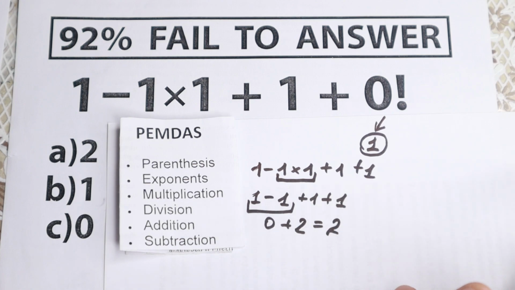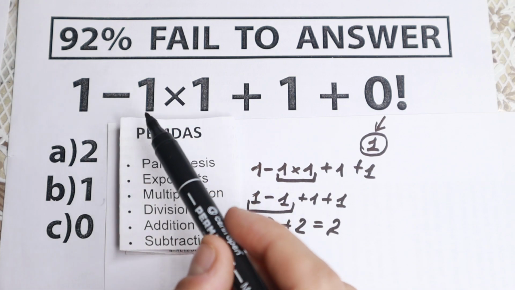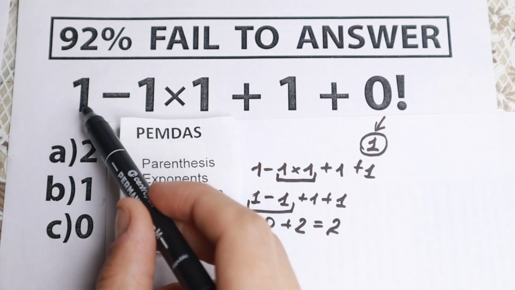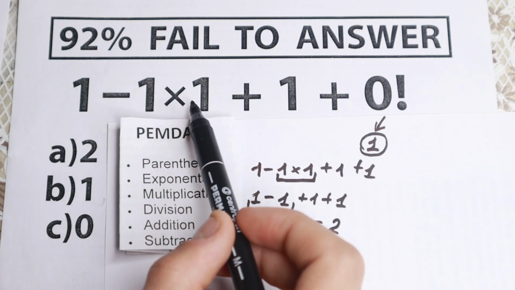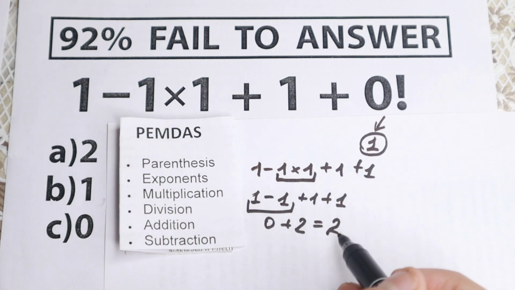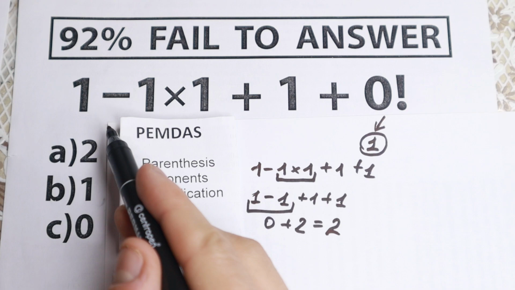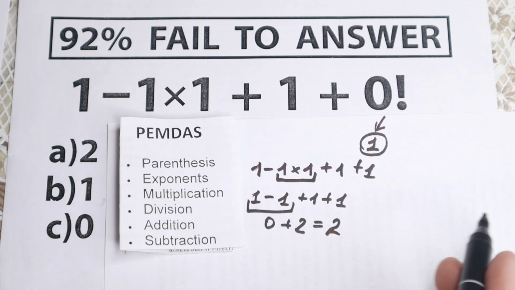But one really interesting moment, maybe if we solve it in the way that I told before, if we start 1 minus 1, which is equal to 0 times 1, which is equal to 0. So as you can see, if we start the wrong way, we will have the correct answer if we start with subtraction. But this is incorrect. This is the correct order.